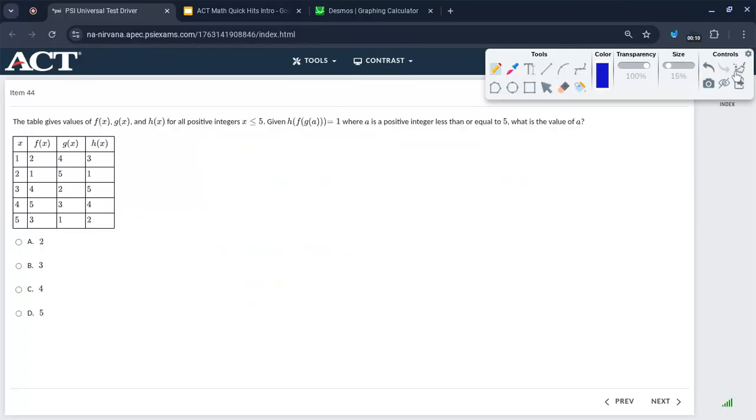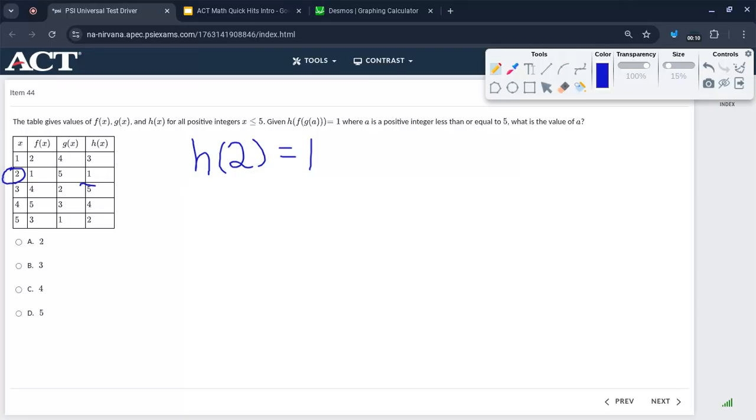All right, so let's try to make this a little bit easier. Ultimately, what we're doing is we want to know h of some number has to give us 1. That's the end game of this. Well, if we go to our table, we notice that this input of 2 gives us that h value of 1. So I need h of 2 at the end, because then that gives me the output of 1.